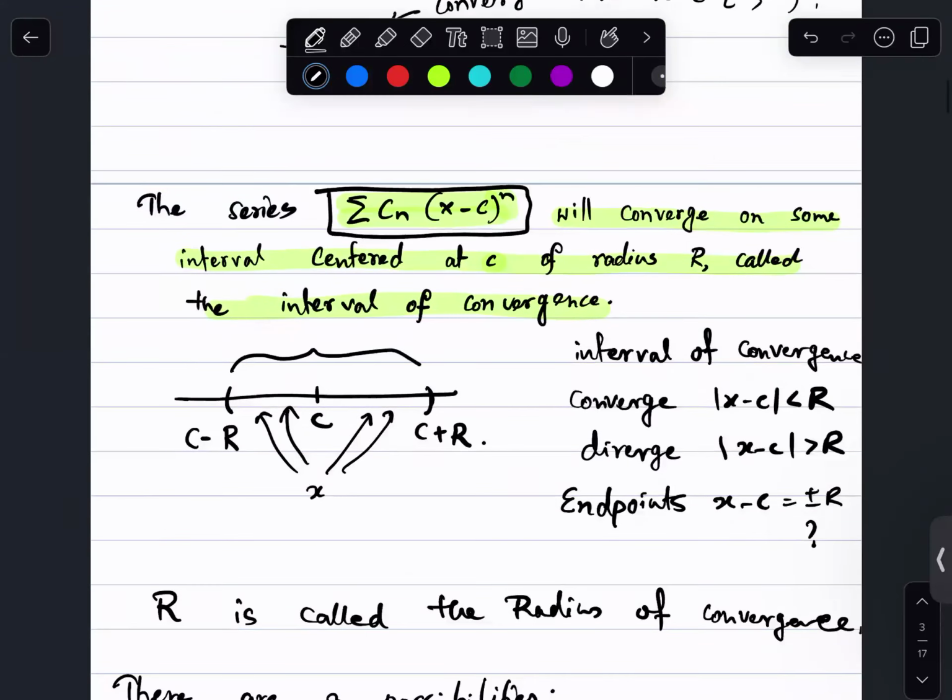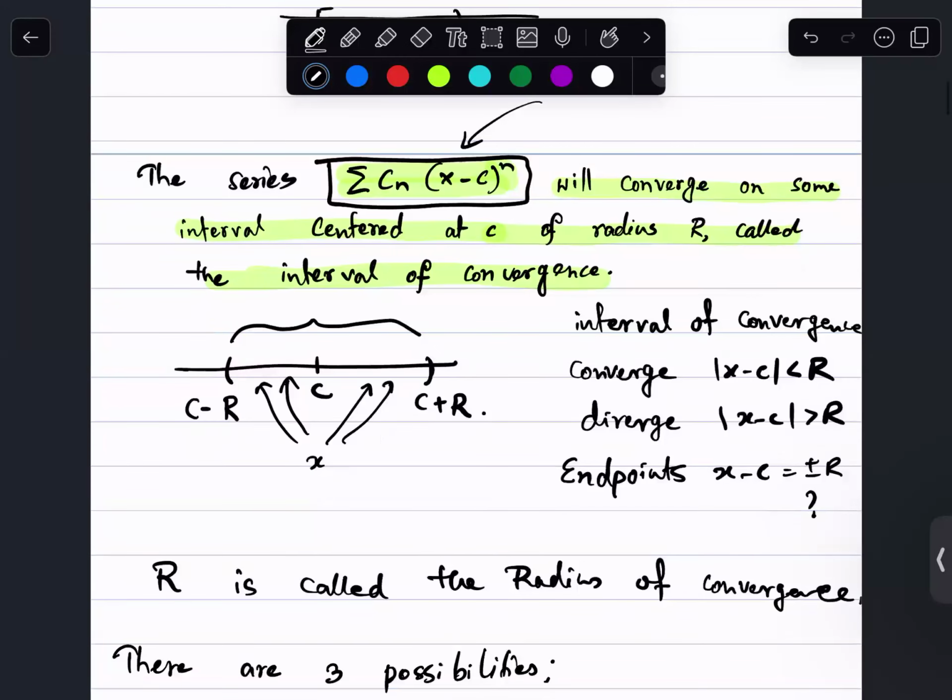So far, what we have seen, a general power series centered at C will look like this, okay? And for each of these series, we will find an R, which will be called the radius of convergence. And if I take the interval C minus R to C plus R around C, that will be called our interval of convergence.